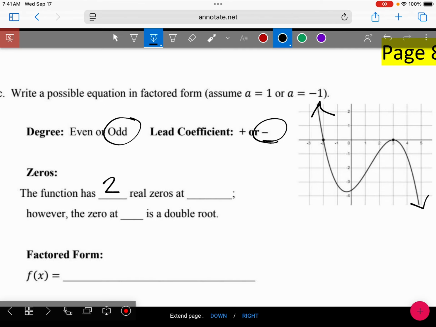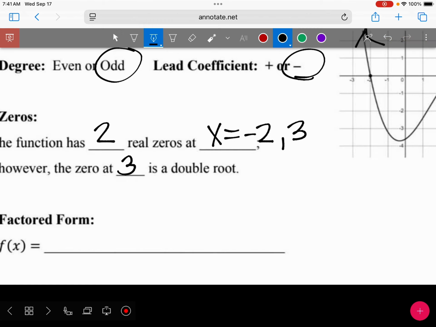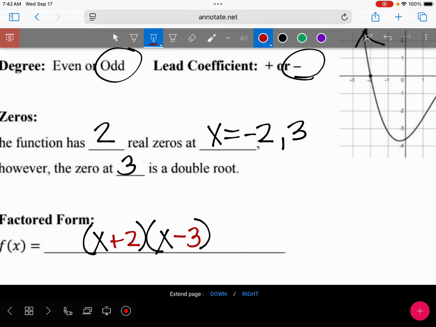Those 2 are at x equals -2 and also x equals +3. The zero at 3 is a double root. So I'm going to make 2 parentheses because I only have 2 zeros. Flip the sign. This becomes a +2. This becomes a -3.